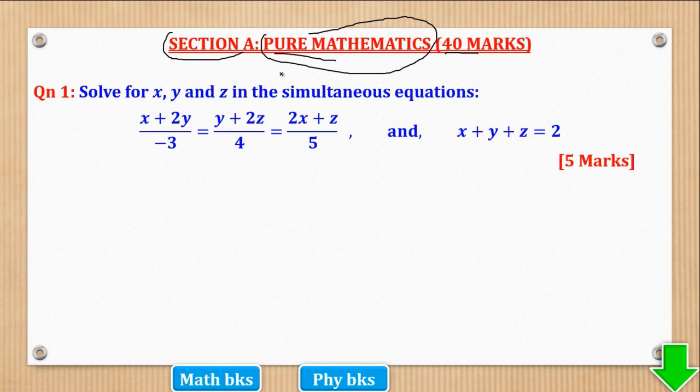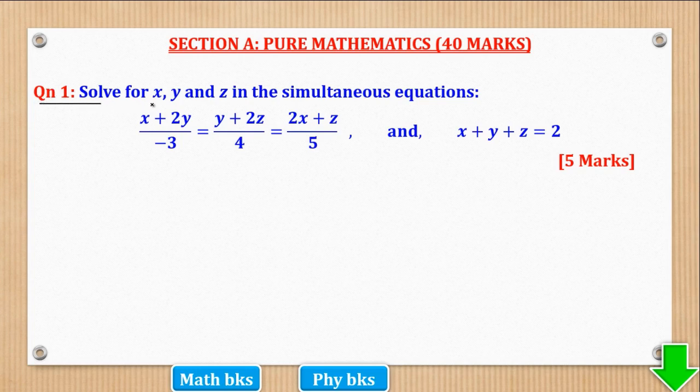Rest assured that in second term these papers will be separated, because by then you would have covered some good topics in both papers. So today we are going to look at how these questions were answered and how you could get total marks.